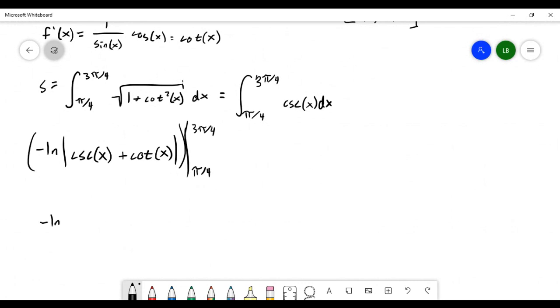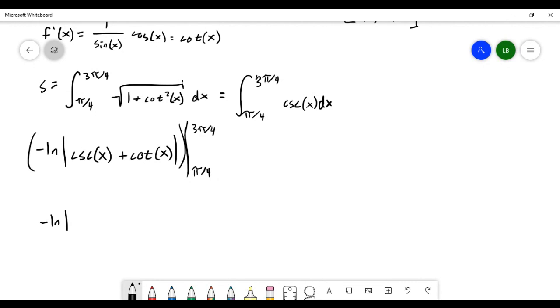Well, that gives us negative natural log of the cosecant of 3 pi over 4 plus the cotangent. Cosecant is 1 over sine.